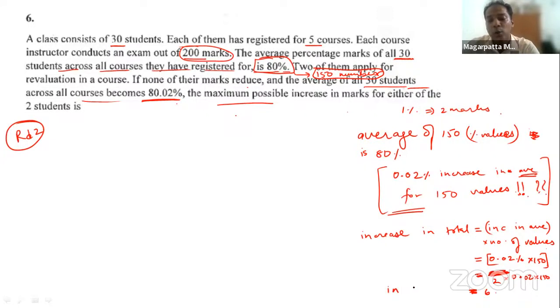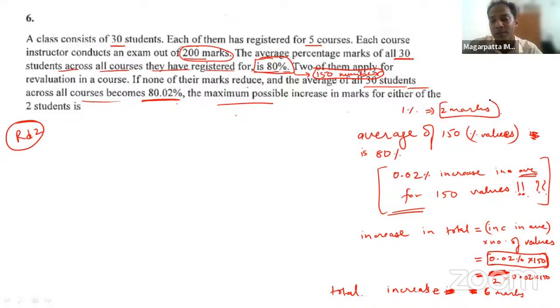So the total increase in marks is 6 marks. Why 6 marks? Because you had 0.02% of 150 and 1% is 2 marks. So instead of 1%, I can simply substitute 2 marks. Ultimately, it reduces to 2 into 3, that is 6 marks.